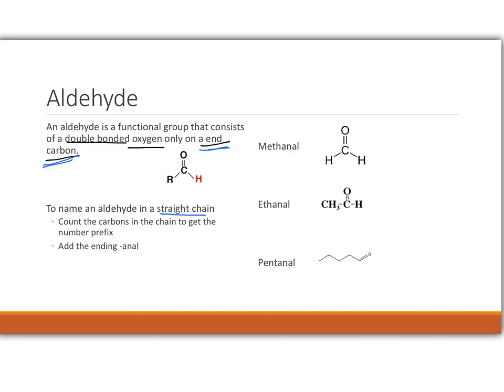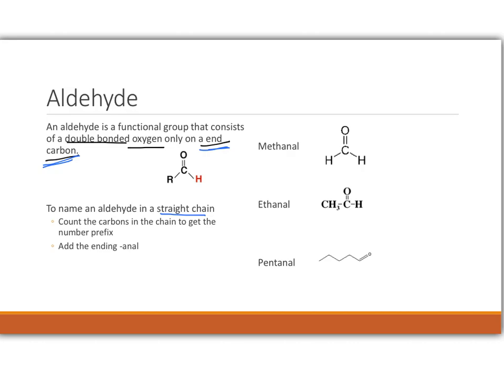So methanal, when there's 1 carbon and you have a double bonded oxygen on it. I usually enunciate the "al" at the end so that I can tell it from alcohol. Same thing with ethanal. That way you can tell it's an aldehyde and not an alcohol.